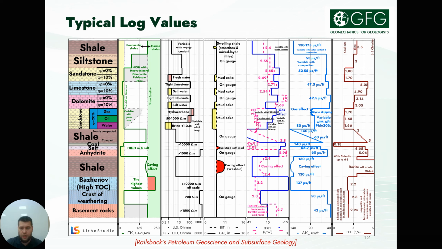We will talk about caliper anomalies in a few slides. Acoustic and density logs are interrelated, and the highest density values are characterized by dolomites, granites, and tight sandstone, and the lowest by coals and salts.